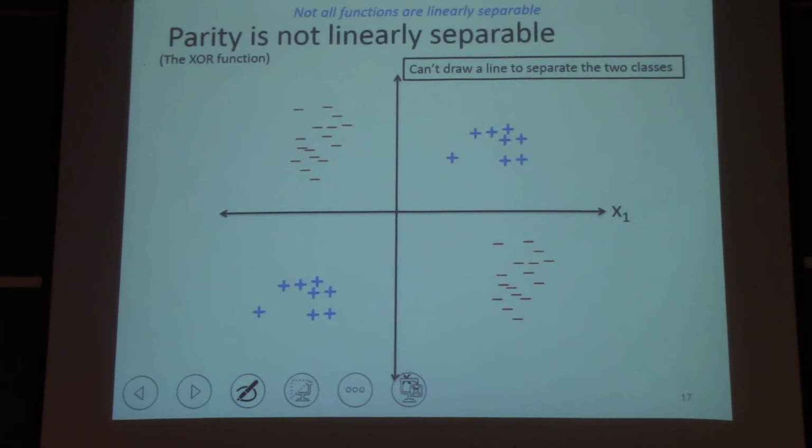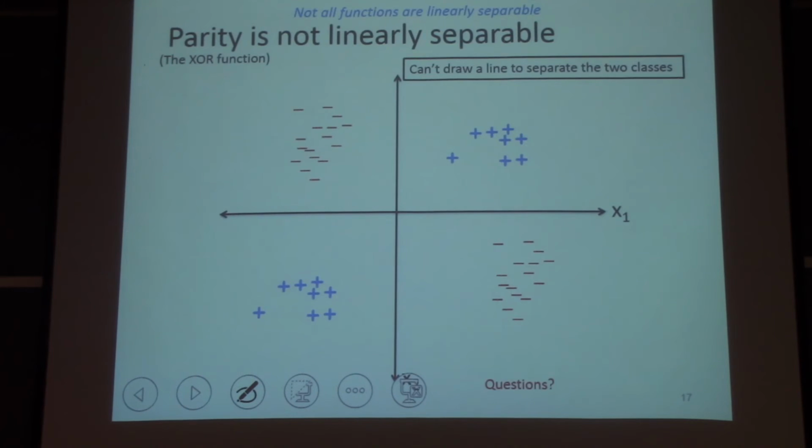You can try if you want, but you can't. And in fact, this was such an important observation that it almost killed research in neural networks for a decade after a book stating this point was published in 1969. So the parity function is not linearly separable.